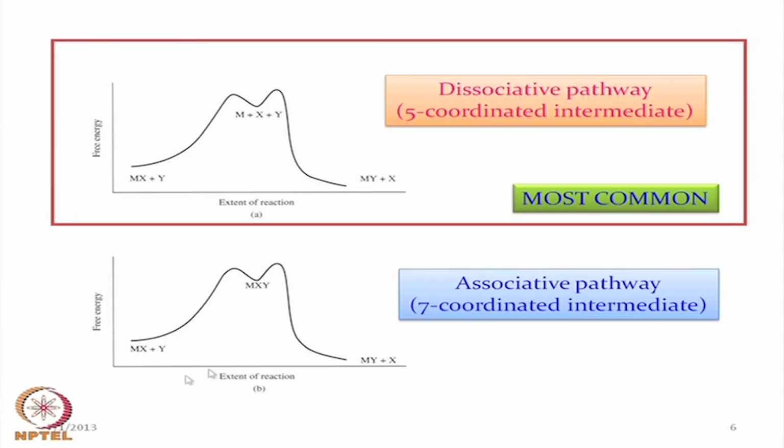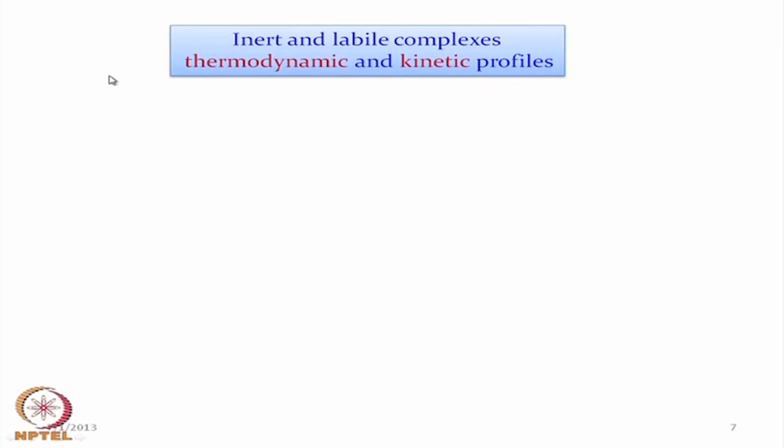The corresponding free energy and the path for the extent of reaction can also be monitored in that way to find out the corresponding rate law. This we have already discussed in detail, that means how we can consider the different inert and labile complexes. One is the corresponding thermodynamic part and another is the corresponding kinetic part.